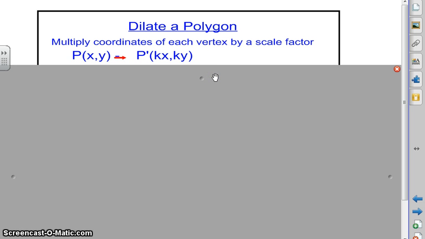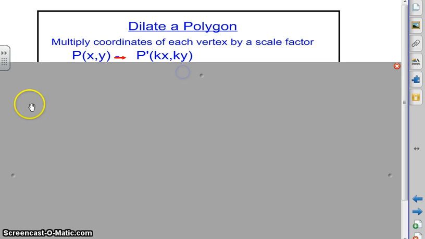A way to show that is this way. Some point, let's say that P is a vertex, moves from (x, y) to (x times k, y times k).